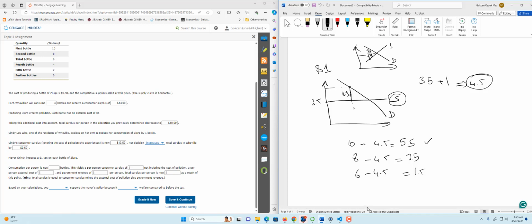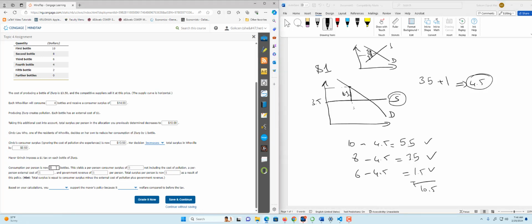So 5.5 plus 3.5 is 9. And 1.5 is total of 10.5. So we know that consumption per person is 3 bottles, and this yields a per person consumer surplus of 10.5, not including the cost of pollution.